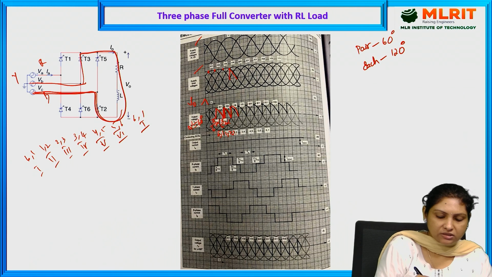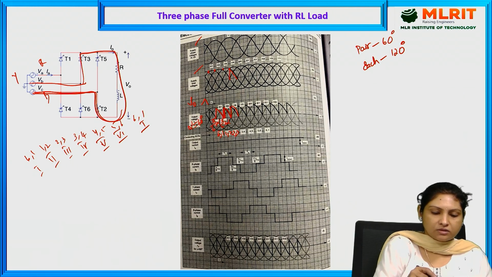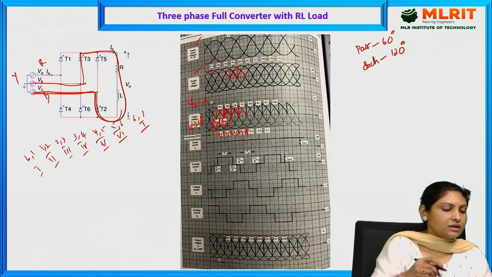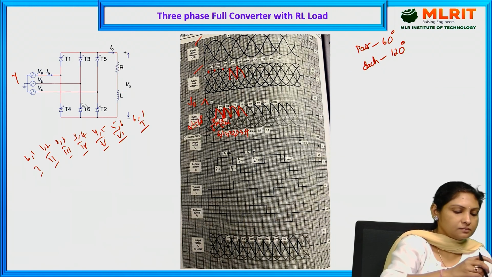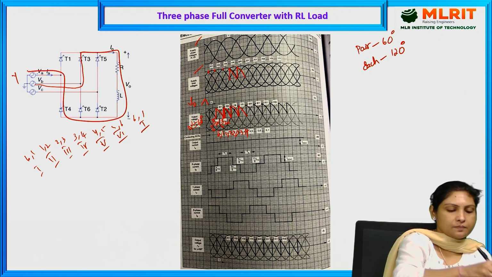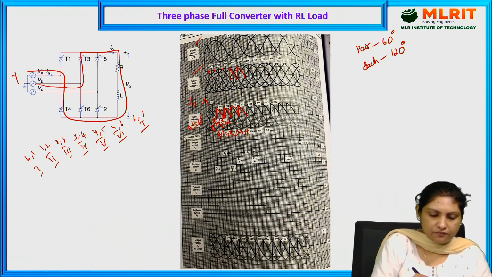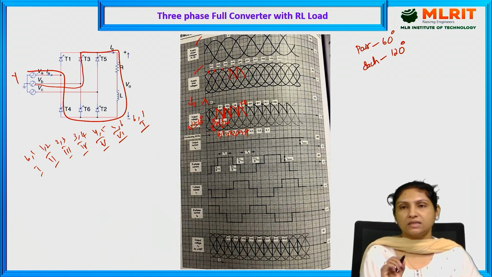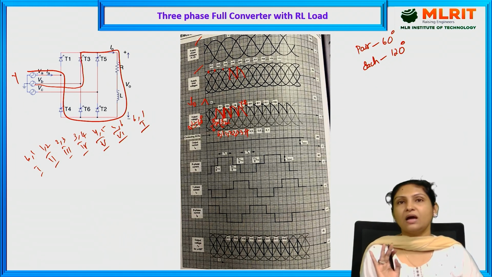Again, at alpha equal to 60 we have triggered, and the YR phase is conducting, which is thyristors 3 and 4. The YR phase conducts, and the cycle repeats. So this is your output voltage waveform for alpha equal to 60 degrees, where the output voltage remains continuous.